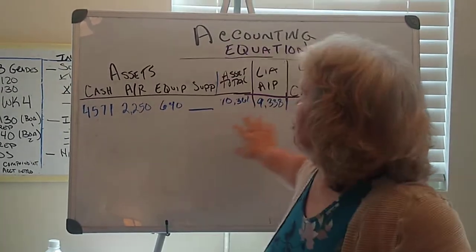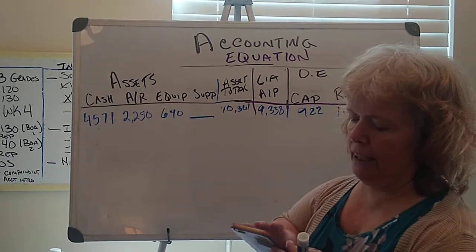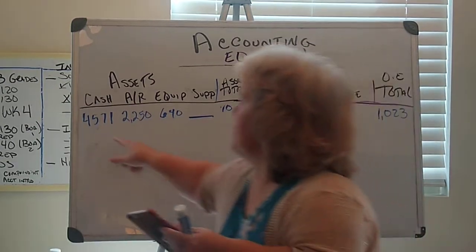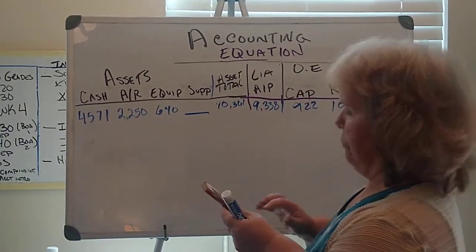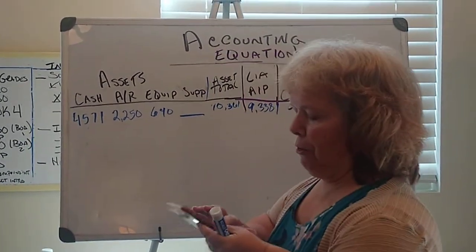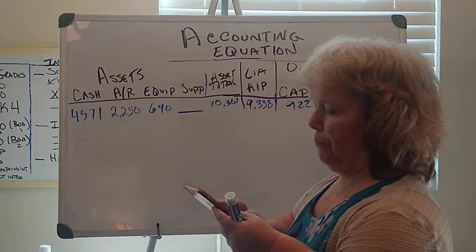And here's what you can do. You take the whole number, 10,361, and start subtracting. Minus 4,571, minus 2,250, minus 640.